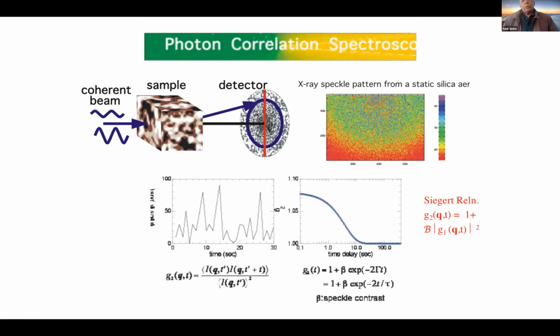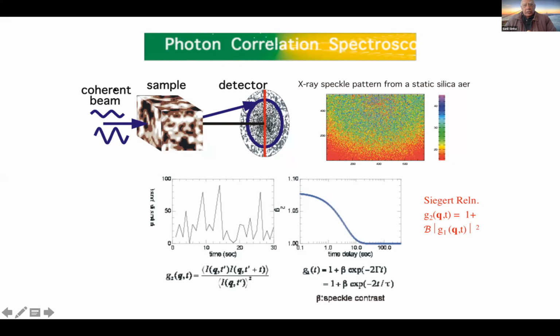So to those people who might be tuning in who are not completely familiar with photon correlation spectroscopy, when you have a coherent beam of photons, X-ray photons or light photons, it doesn't matter, you get what's called a speckle pattern due to the random interference of the phases from the scattering objects in the sample.